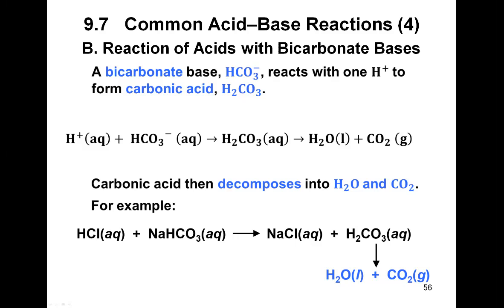The Na plus will combine with the Cl minus, and that's the famous stable salt, NaCl. And we know that H2CO3 is not stable and decomposes into water and carbon dioxide.